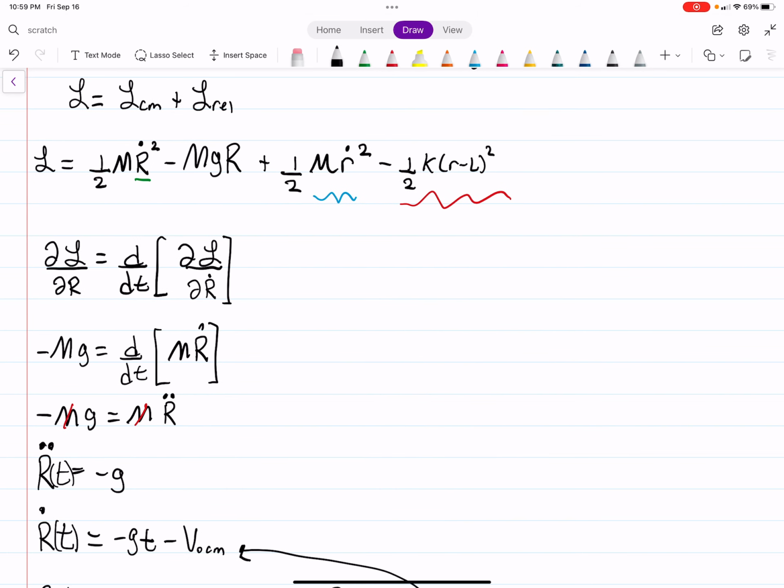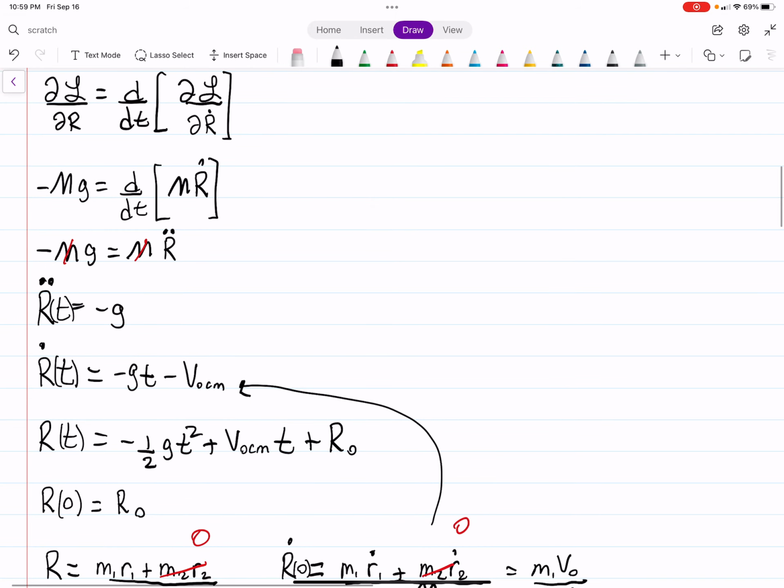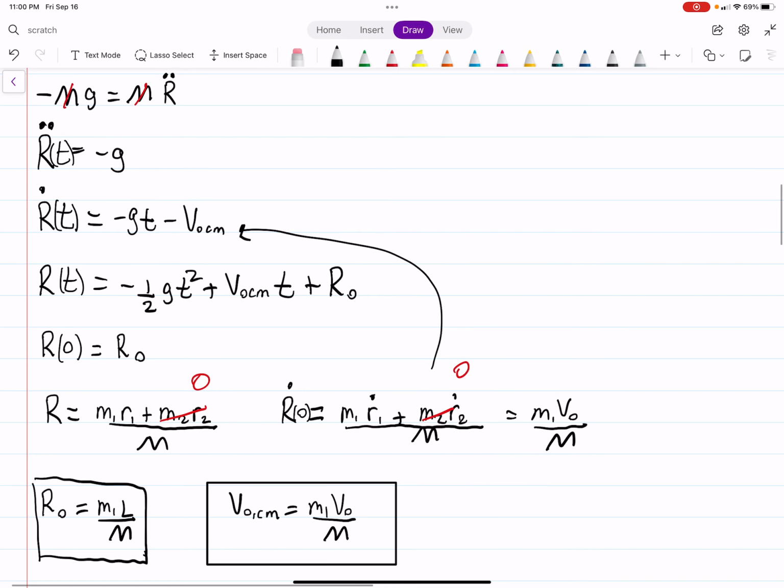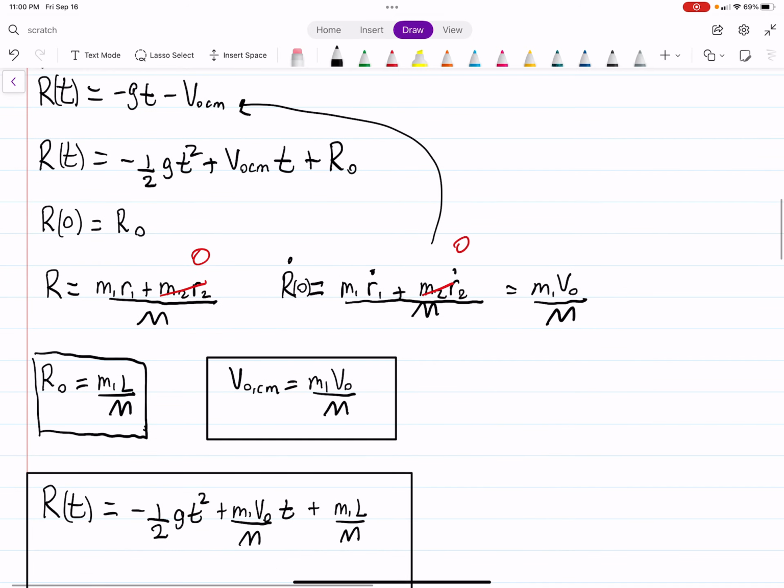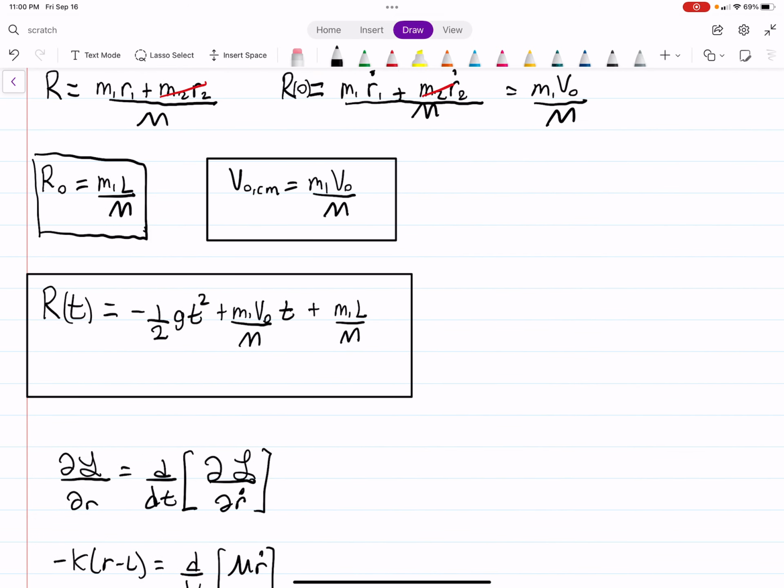We used the Euler-Lagrange equations to generate two differential equations. We found the position of the center of mass with respect to time, and we see it acts how we would expect a clump of mass in a gravitational field to react. It's very similar to a kinematic equation, essentially.